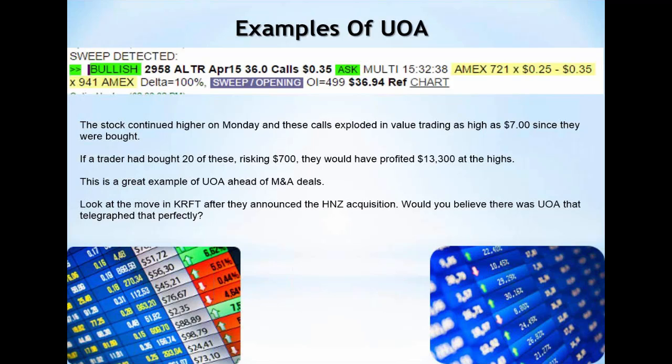Okay, well, within a week of that happening, we also saw something very interesting happen in Kraft. Okay, so Kraft announced the acquisition of HNZ. But would you believe that even in a company as big as Kraft and a deal as big as the Kraft HNZ merger, there was UOA that telegraphed that perfectly?